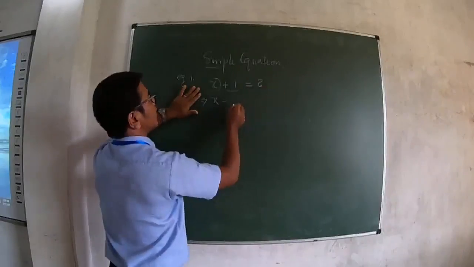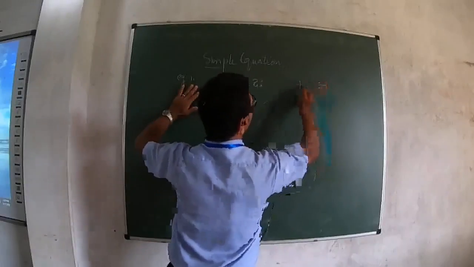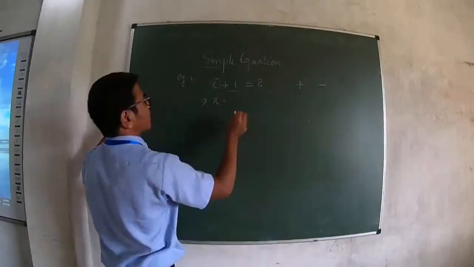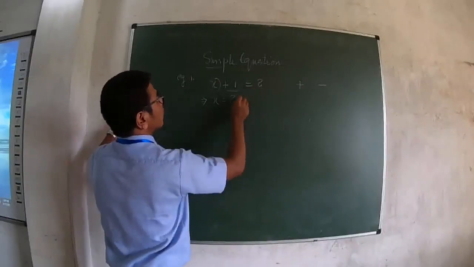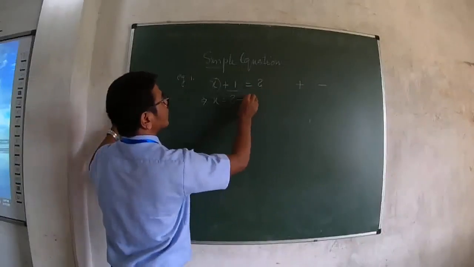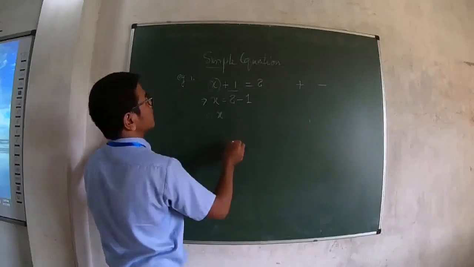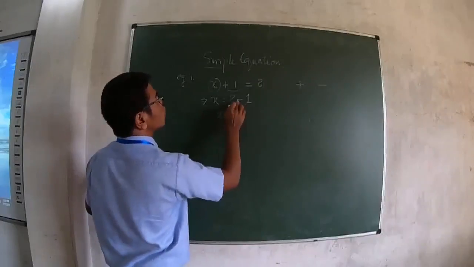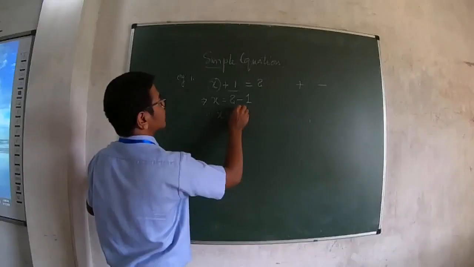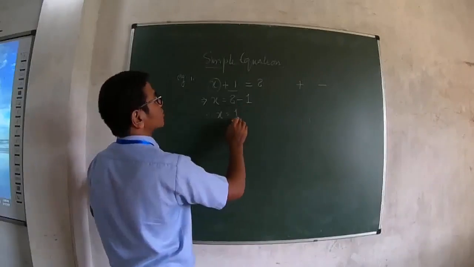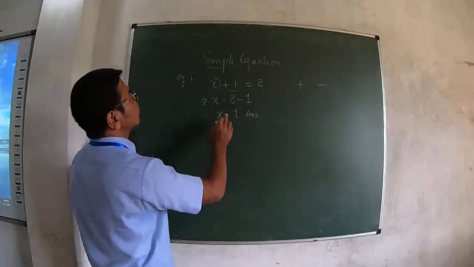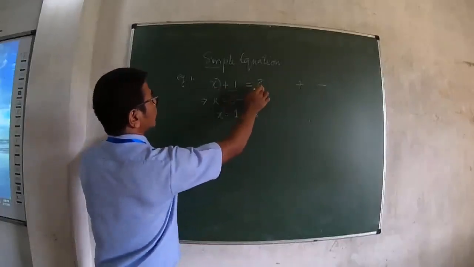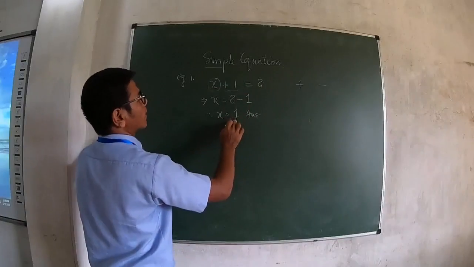So plus becomes minus when it moves. x, which is our variable, is now 2 minus 1, which is 1. This is our answer. So we say: the solution to x plus 1 equal to 2 is x equal to 1.